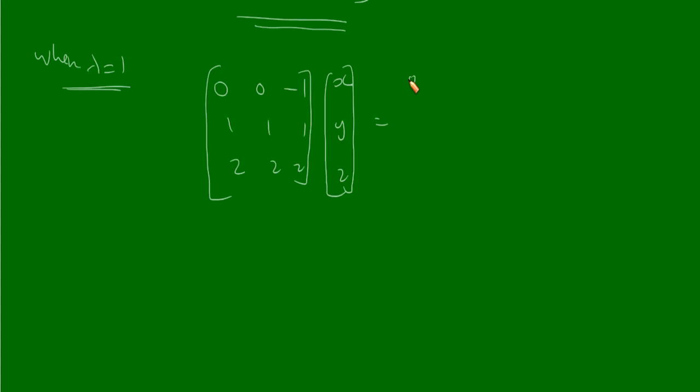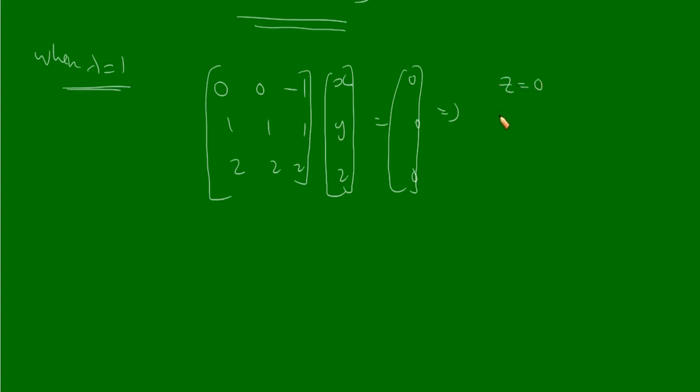Okay, so in that case, when lambda is equal to 1, our eigenvalue equation will be 0, 0, minus 1, 1, 1, 1, and 2, 2, 2 into, let us take the values of x, y, z here, or you can take x1, x2, x3, that is equal to 0. So 0, 0, 0. Now if we expand this, then this implies first 0 into x, 0 into y minus z. So that means z is equal to 0.